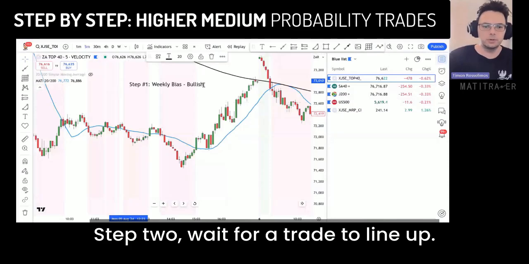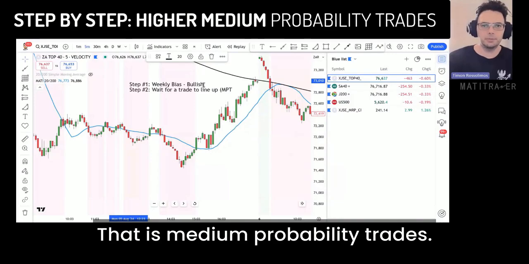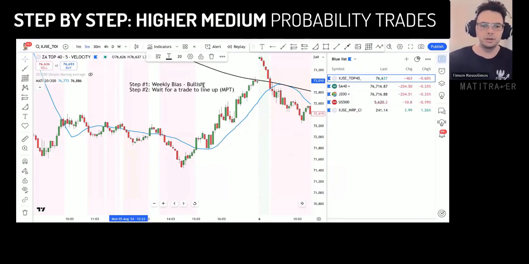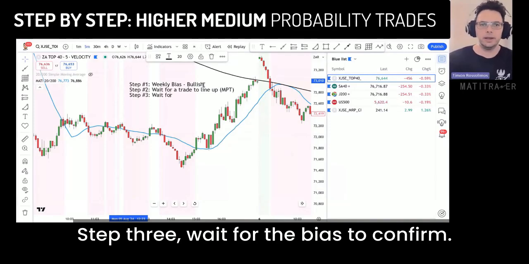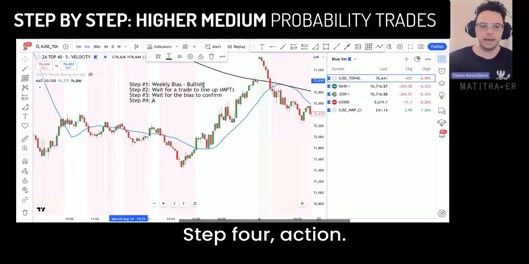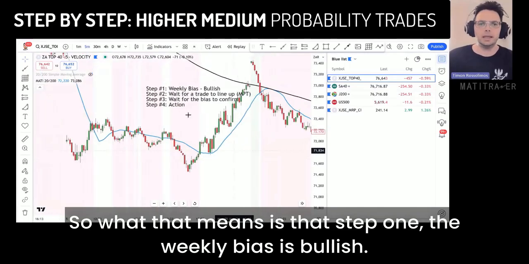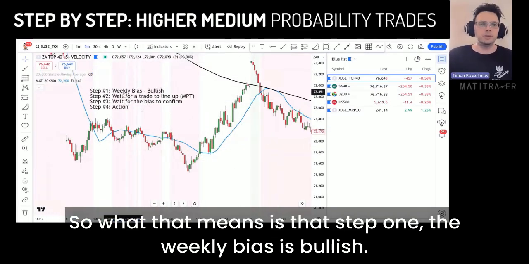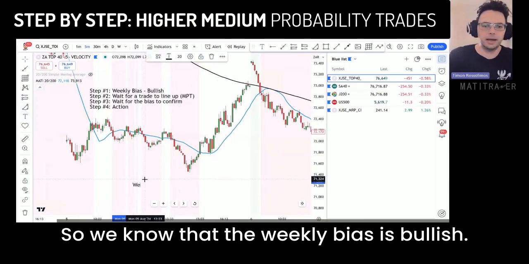Step 2, wait for a trade to line up. That is medium probability trades. Step 3, wait for the bias to confirm. Step 4, action. So what that means is that step 1, the weekly bias is bullish. Okay, so we know that the weekly bias is bullish.